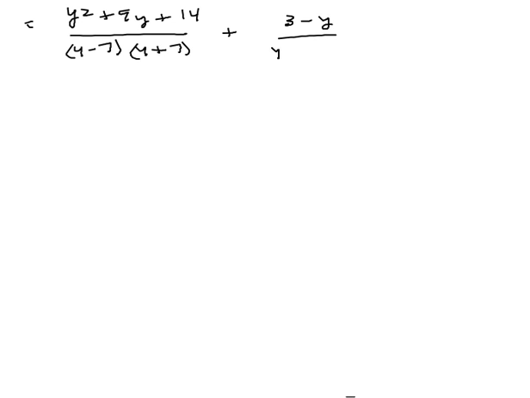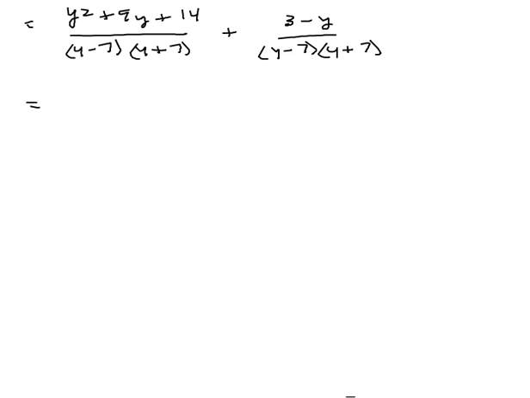Combining like terms on the left side, this is equal to (y² + 9y + 14) over (y - 7)(y + 7) plus (3 - y) over (y - 7)(y + 7).